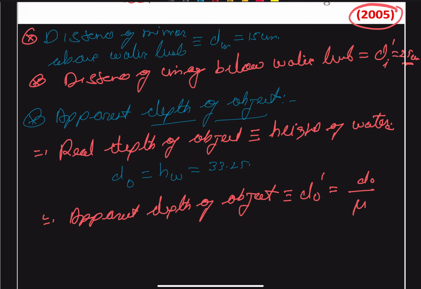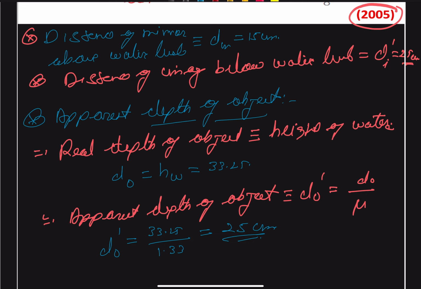So we simply substitute the values. Our dO prime will be equal to 33.25 divided by 1.33. This gives us 25 centimeters.